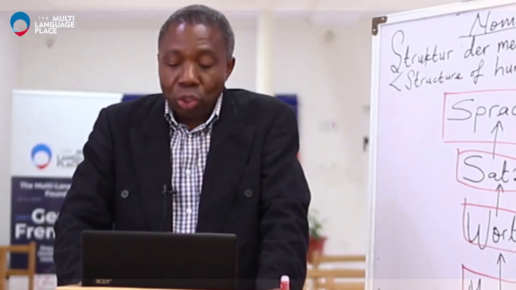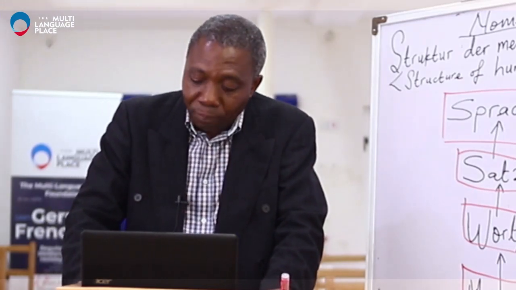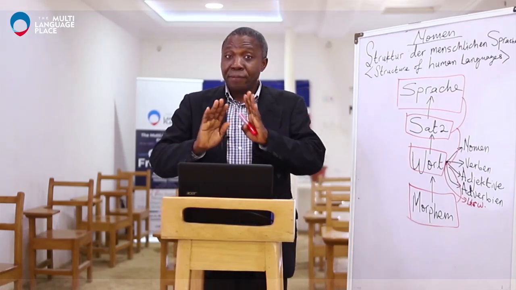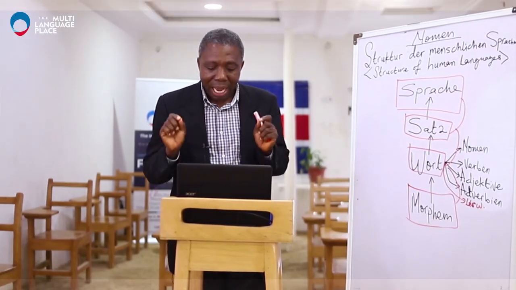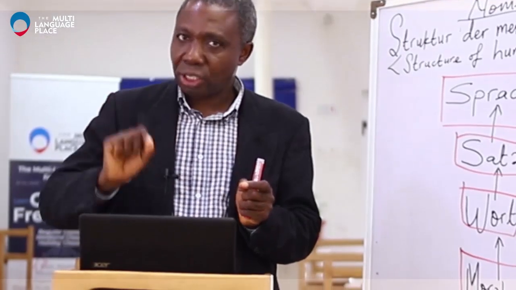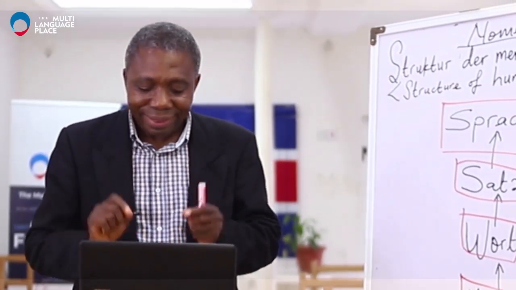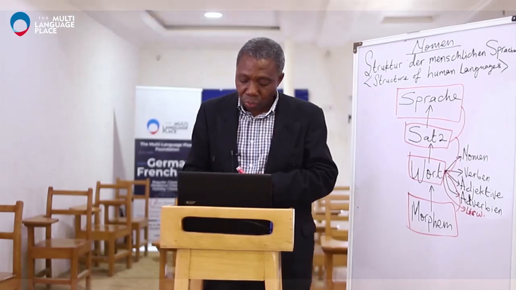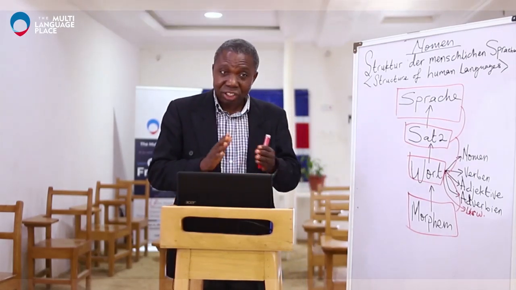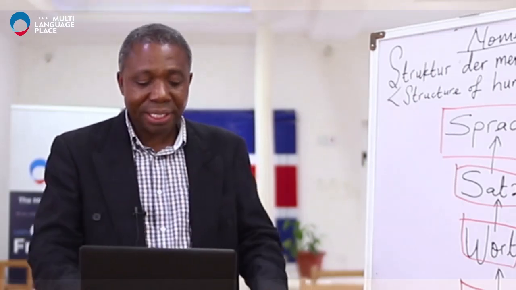Then we learned about the rules for learning the gender, and we know the rules are very good. However, the best method to learn the German nouns with the articles is to learn the German nouns with the article at the same time. I say that again.